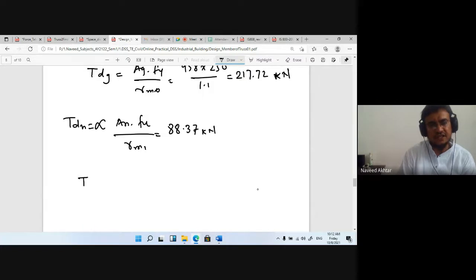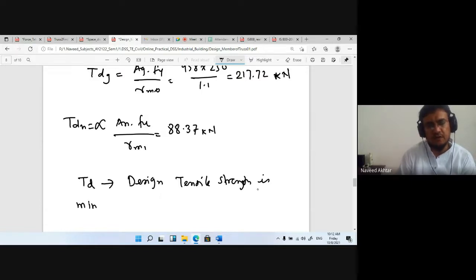Now TD is the design tensile strength, the minimum of TDG and TDN.